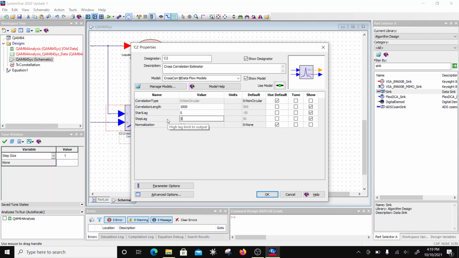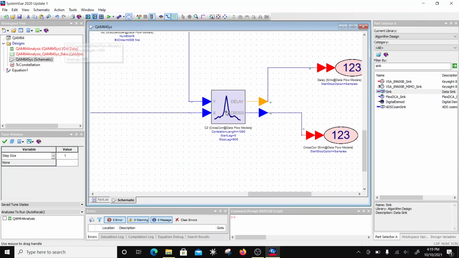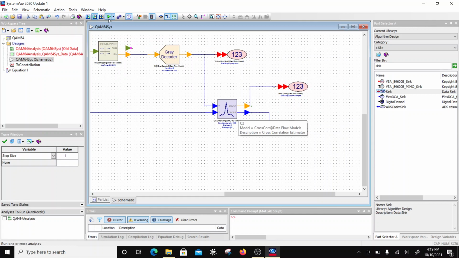So how many bits do I want to look at? Let's say 500 I want to look at. Okay, so that's done. The normalization is unbiased. Okay, fine. So this is done, and this will give me cross correlation between two bit streams.